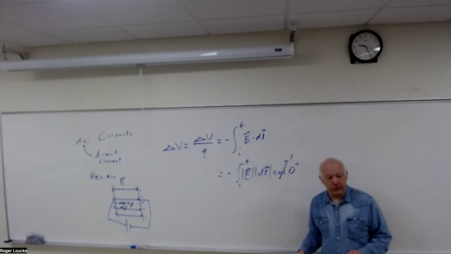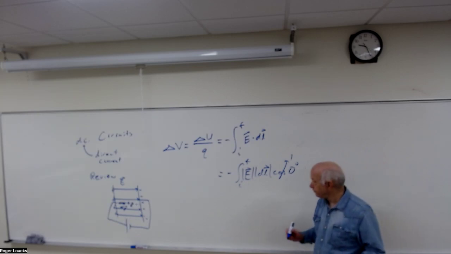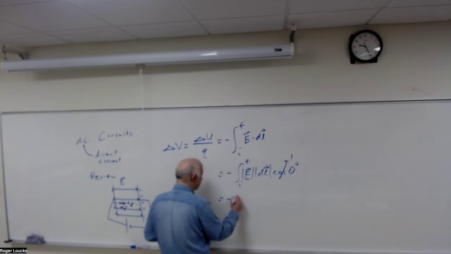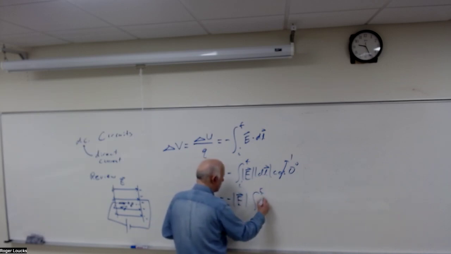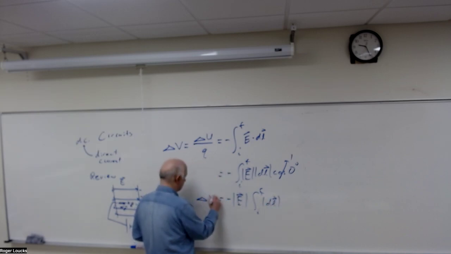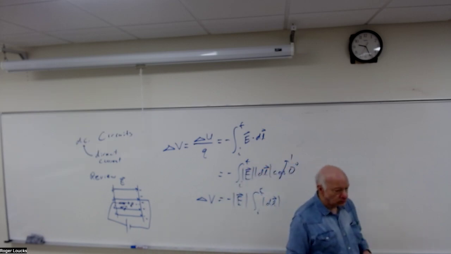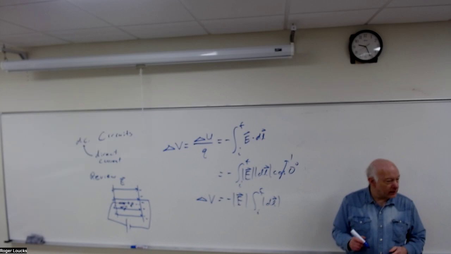Now, what can I do with that electric field? I can pull it out. So I can write this as minus E times the integral from the initial to final spot of dl. And if I take the little dl and add them all up, what do I get?